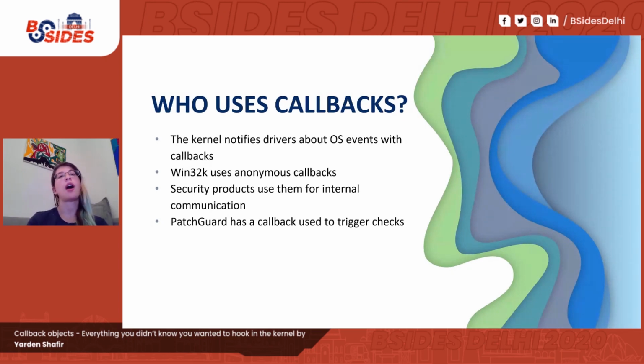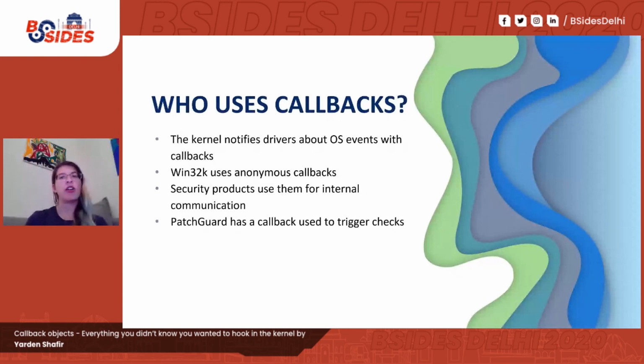There's some interesting callbacks in the kernel, and some of them are used pretty often. For example, Win32k has some callbacks that use mostly anonymous callbacks for internal Win32k communication. And for whoever is interested in Win32k exploitation and bugs and finding more ways in there, that might be an interesting direction to look at.